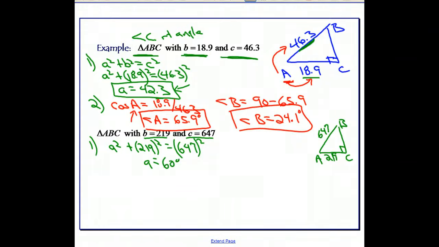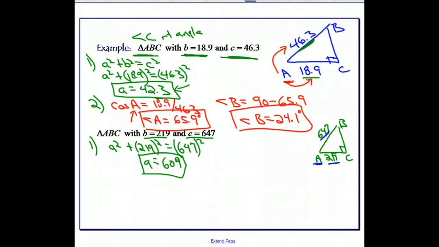Okay, just like our previous example, let's try to use the things that we've already been given. Oh, I'm sorry, not the things we calculated, the things we've been given. So we've been given 219, we've been given 647. Let's find angle A again. So it looks like the cosine again.